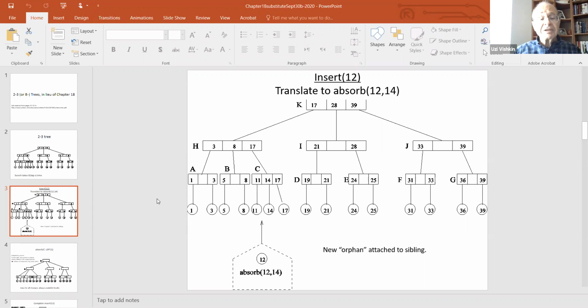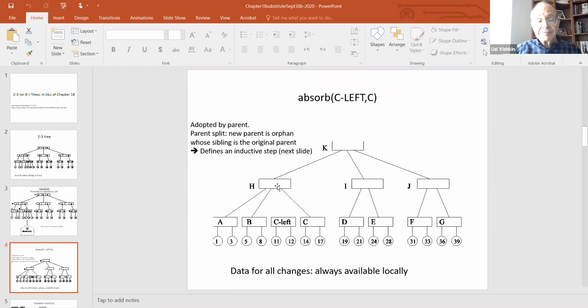I actually take this node C, which if I were to include another child under C, it will have 4 children, which is unacceptable, right? According to the definition of 2-3 trees. So I split the C into 2 nodes, C and C left. And by doing that, what did I create?